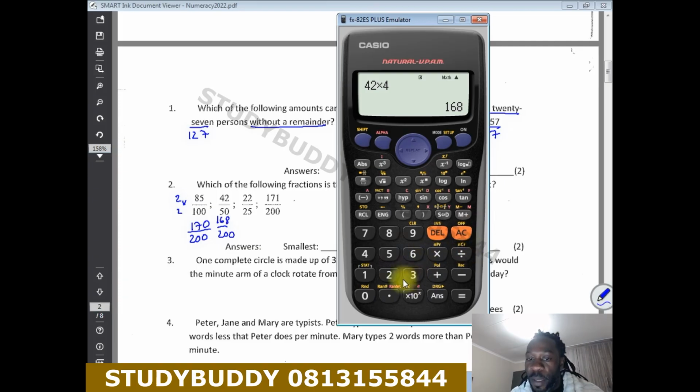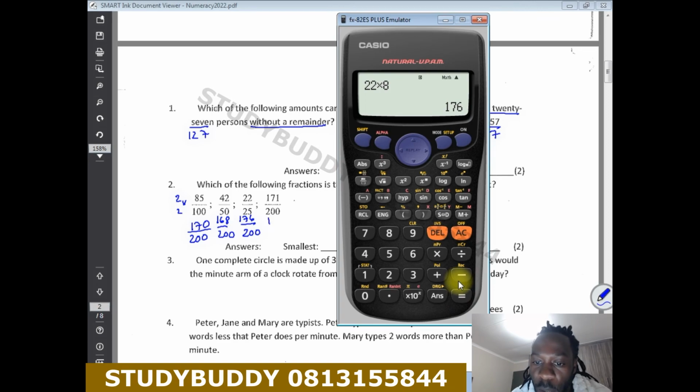We do the same. To get to 200 from 25, you multiply by 8. If you don't know, you just say 200 divided by 25, which gives you 8. So the 22 needs to be multiplied by 8 also, so it's 176.